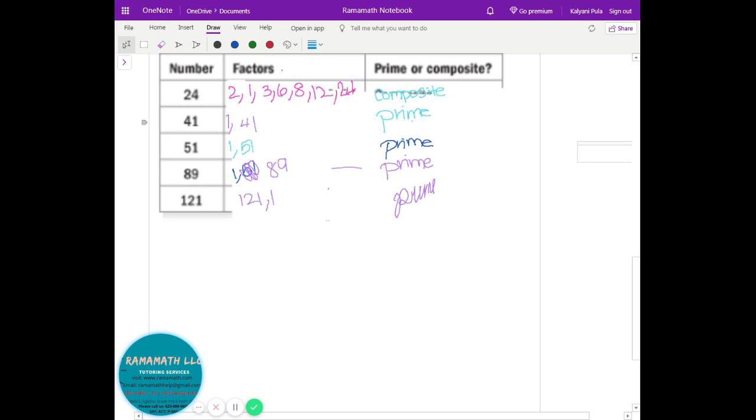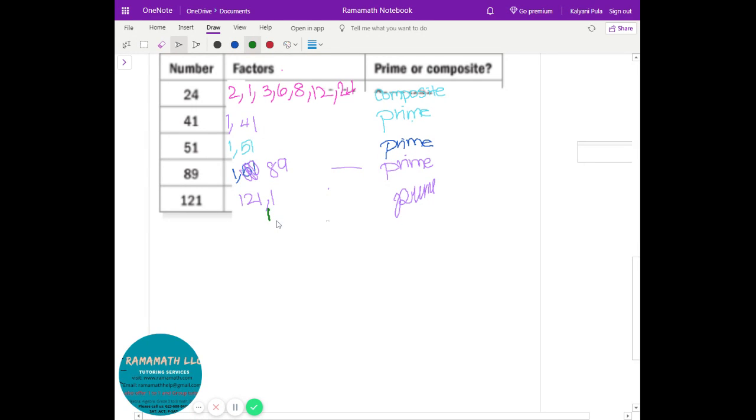And then 121. When you add the digits, 1 plus 2 plus 1 is 4, so 3 doesn't go in. It's hard to find a factor there, but you can see 11 times 11 is 121.